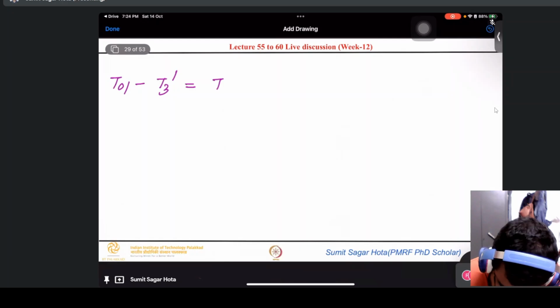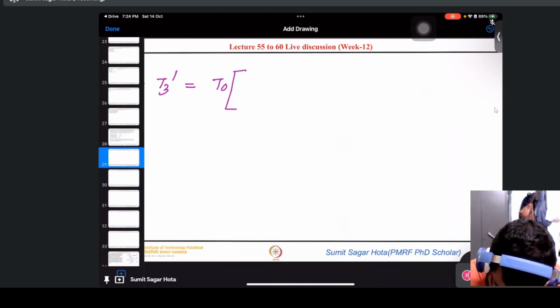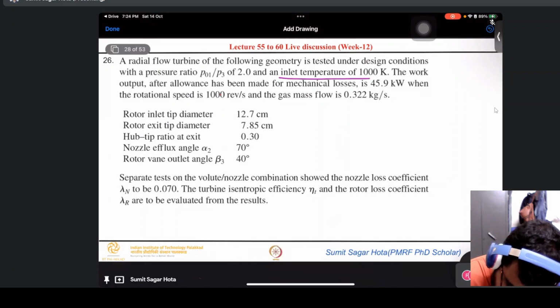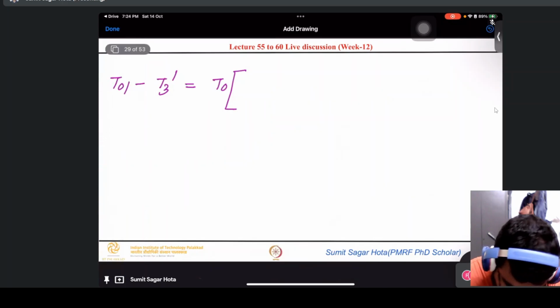T naught also given, 1000 Kelvin, the inlet temperature. And this is also given. These two are enough to find out the others. So the first step is required.